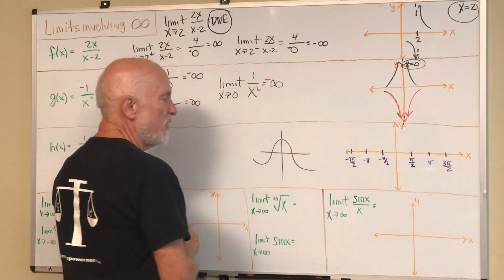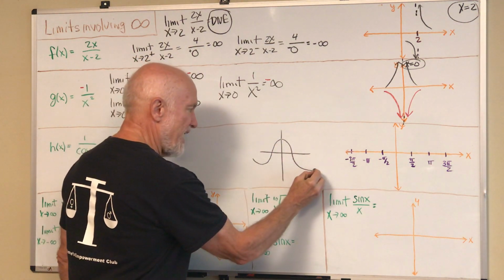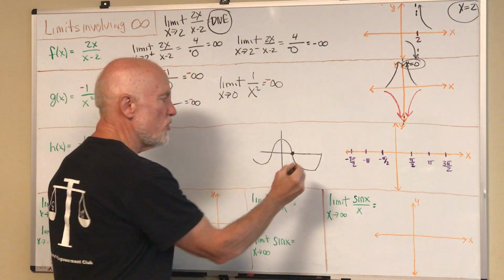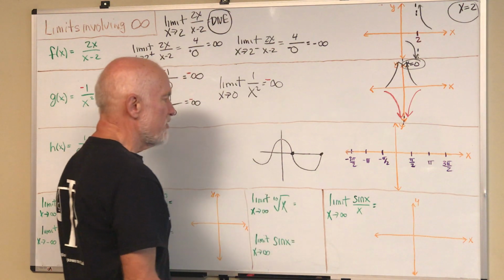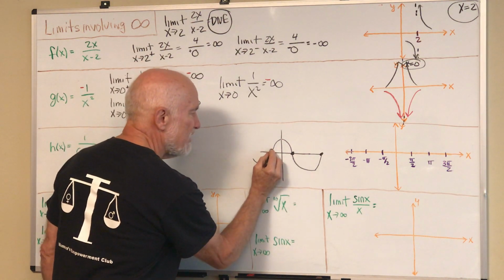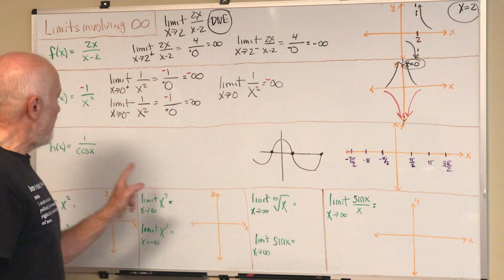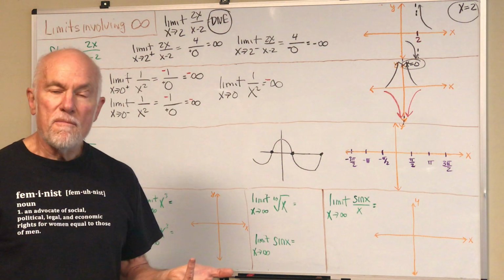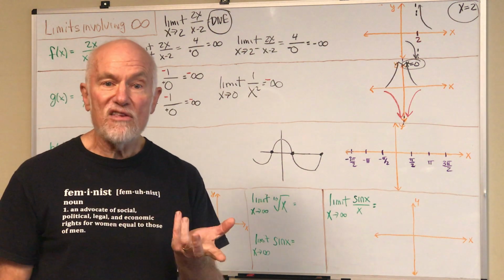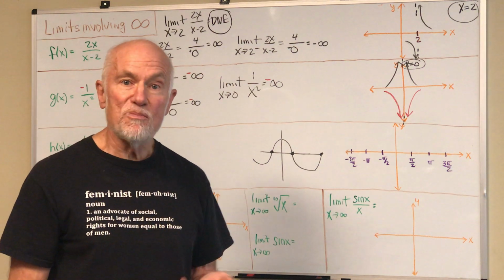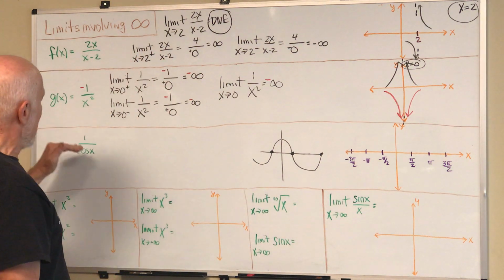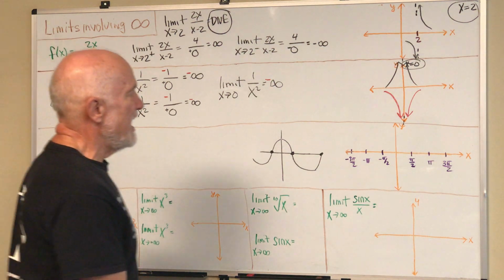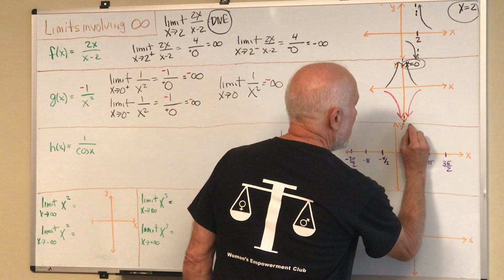So we're going to have a bunch of values at x equals pi over 2, and x equals 3 pi over 2, and x equals negative pi over 2, all those values, the cosine is going to be equal to 0. Therefore, we have vertical asymptotes at all those places because we're going to have a number divided by something getting really small.